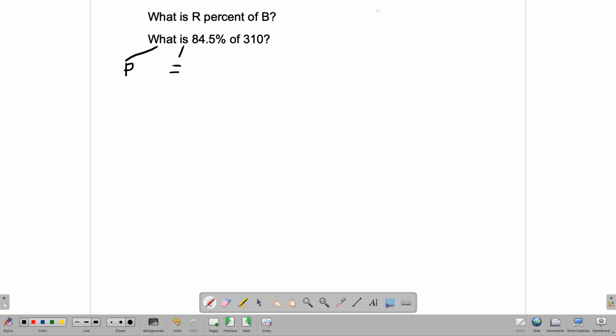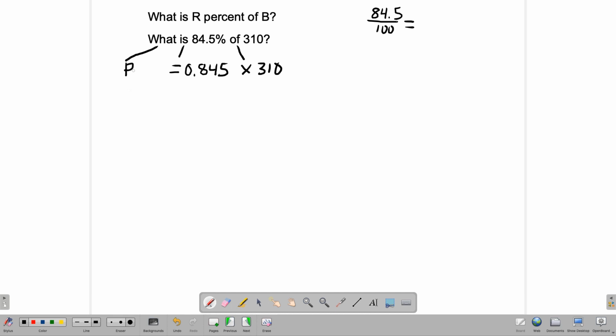So we have to take that and divide by 100, and that will produce a value of 0.845. We said the word of in a math word problem is multiplication, and then we have the base 310.